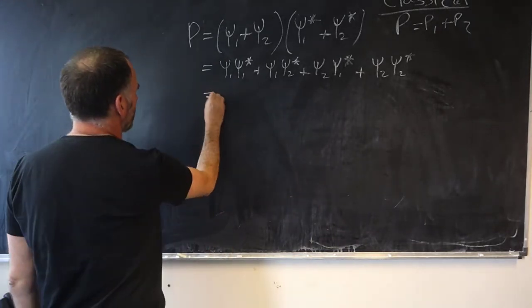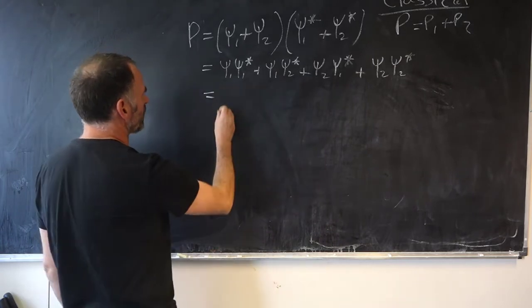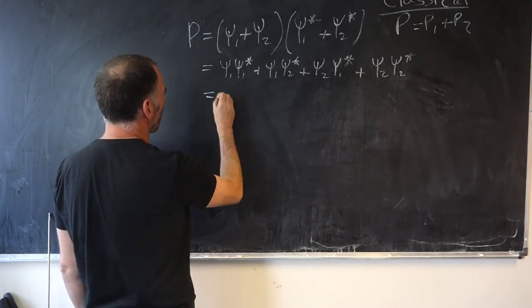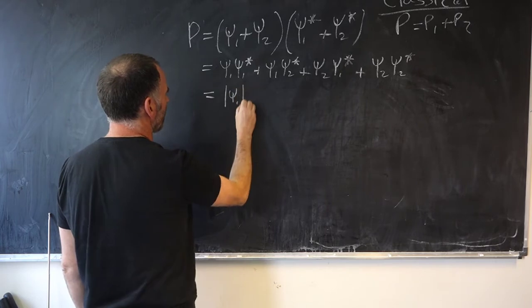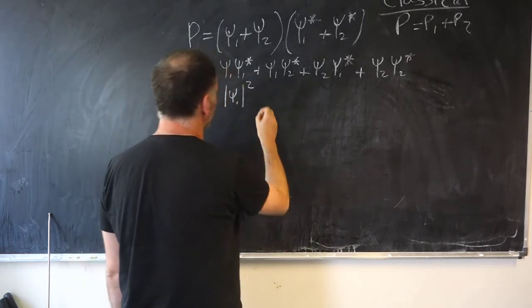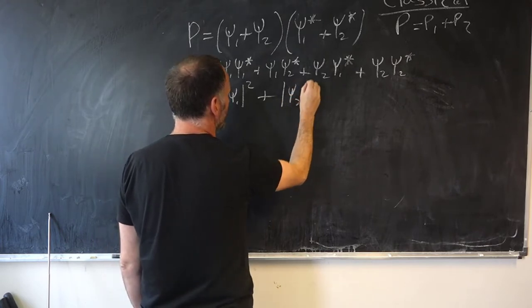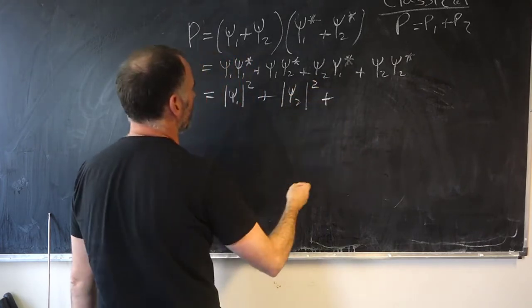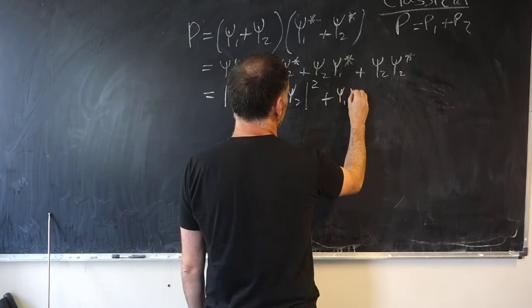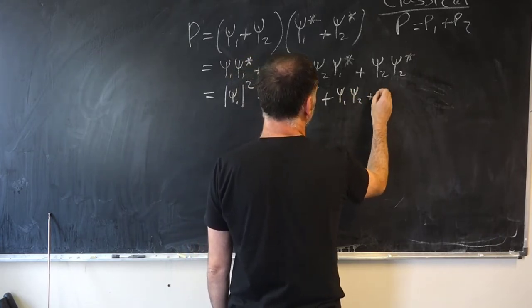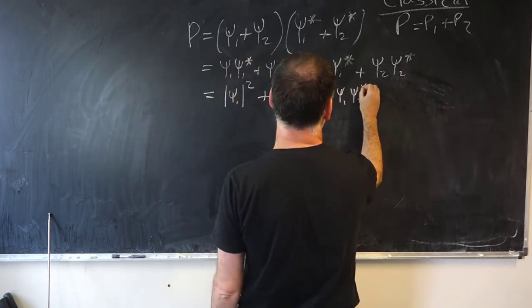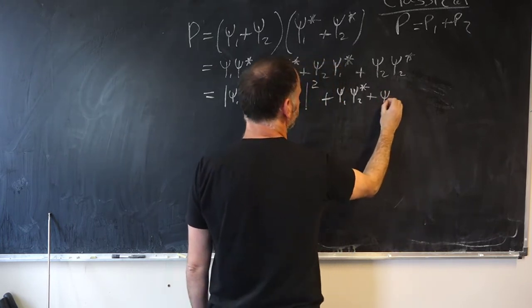Okay, so we can do something already here, which is very interesting. Psi1 by psi1 star is the modulus of psi1 squared, plus the modulus of psi2 squared. And then we've got these other terms. And these terms are absolutely crucial because this, we can see, is where our quantum comes in.